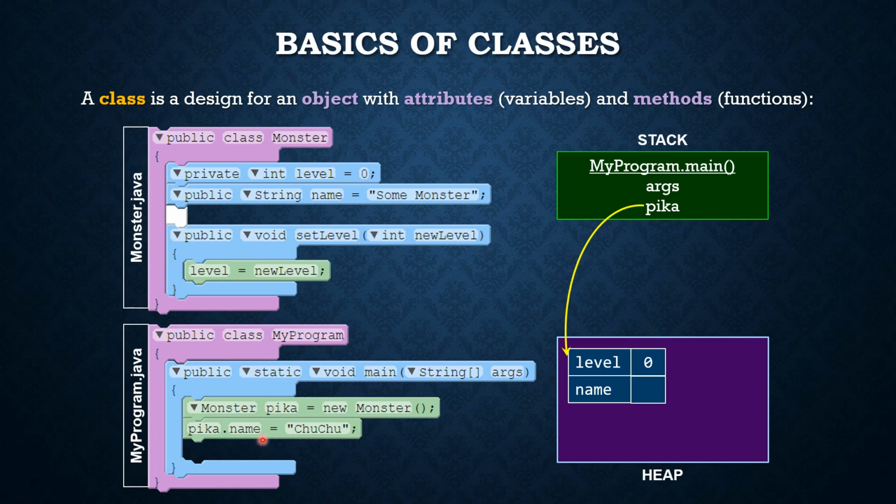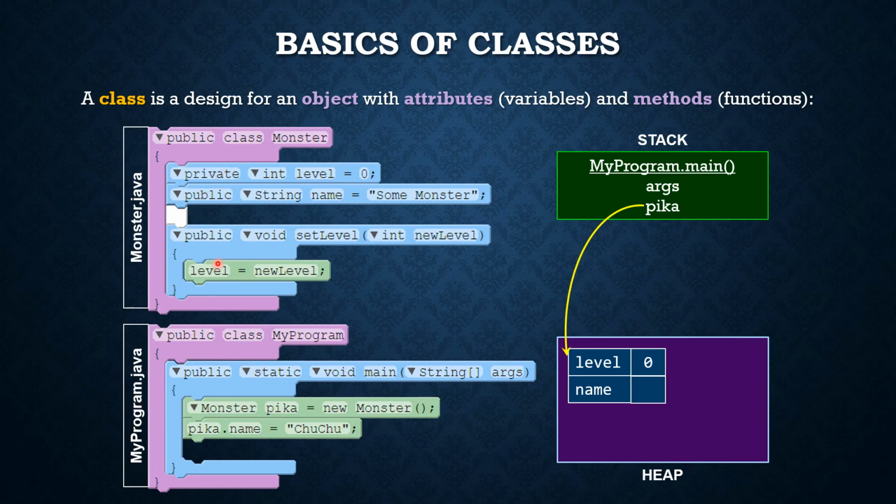In the next slide we are going to talk about access modifiers, but you might have already guessed that we can use this convention only for public instance variables. Since the name was public, we could use something like pika.name, but if we try to do something like pika.level, this will give us an error. So how do we set private variables, which are not accessible from outside the class?